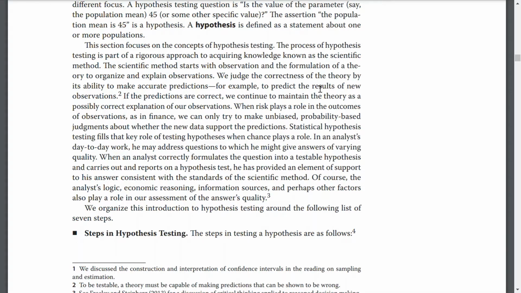Statistical hypothesis testing fills that key role of testing hypotheses. When chance plays a role in an analyst's day-to-day work, he may address questions to which he may give answers of varying quality.